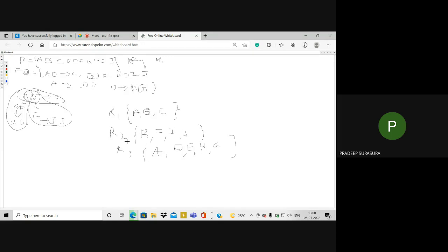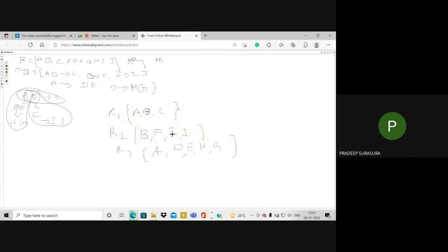Then write, according to the third normal form definition, FD F determines IJ violates third normal form. Also D determines HG violates third normal form. So in R2 and R3, these FDs violate third normal form.